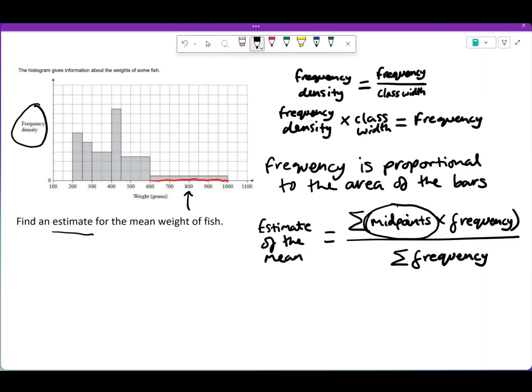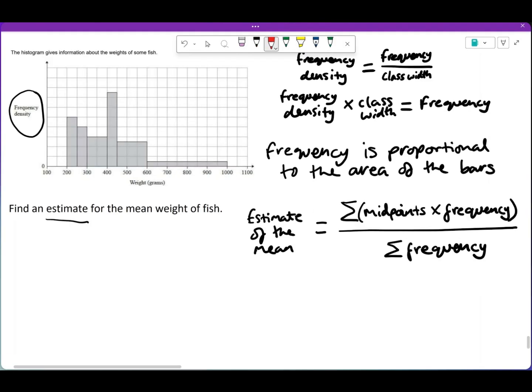So if we're multiplying by the frequency, so the number of fish in the bar, then essentially what we're doing is working out the total weight of the fish in that bar. And to calculate the mean, you have to work out the sum of all your data values, which is essentially the total weights of our fish, and then divide by how many fish there are, which is the sum of the frequency. So let's start by identifying the midpoints of our classes.